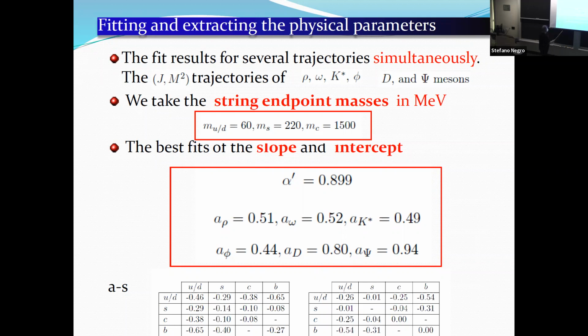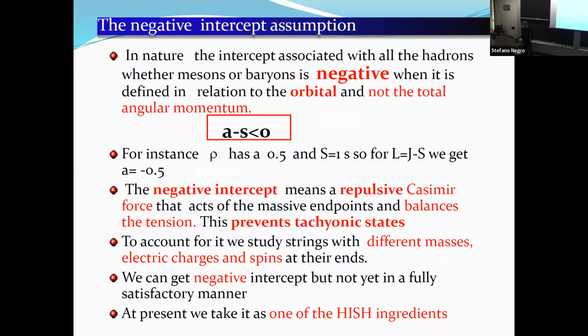But notice that the intercept minus the spin, so it's the intercept with respect to the rotation, the orbital angular momentum, is always negative. So this is for mesons, vector mesons, and scalar mesons, but it's also the case for baryons. So why is it so? Why do we need negative intercept? The reason is very simple, because negative intercept means a repulsive Casimir force.